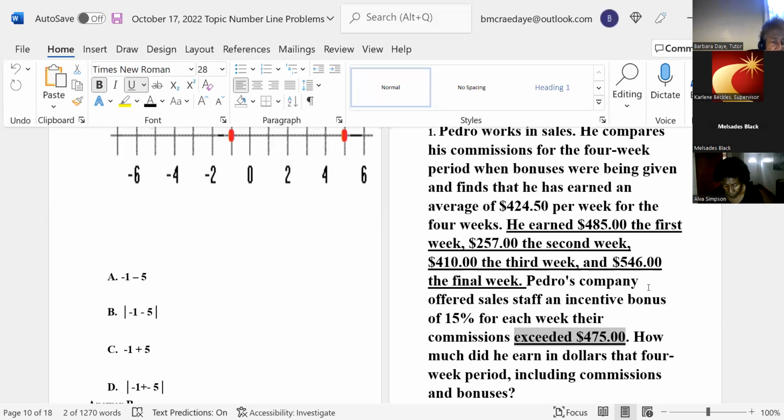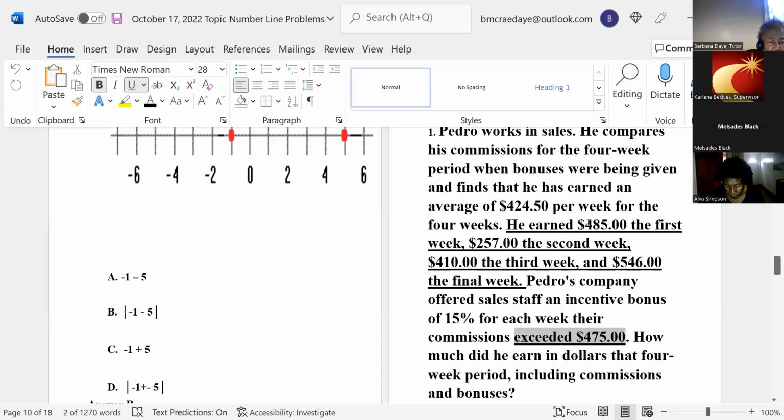There are 2 weeks he earned more than 475. What were they, Michelle? The first week, that's correct. 485 is more than 475. And what was the other time, Michelle?